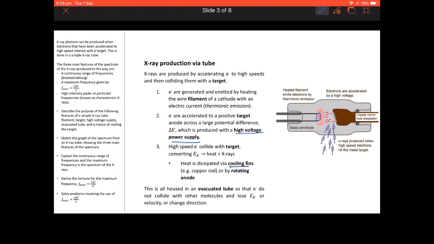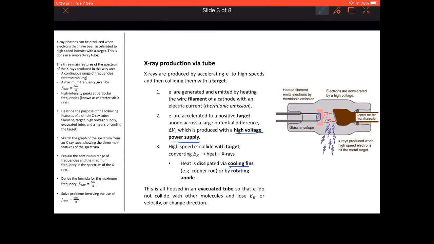All of this is housed in an evacuated tube, and the reason the tube has to be evacuated is that electrons don't collide with other molecules and therefore lose their kinetic energy or their velocity or change direction. So there has to be just completely empty space, so no air molecules or anything in the tube.